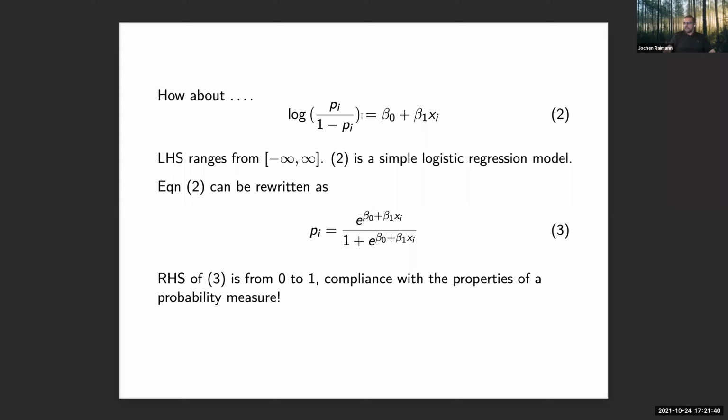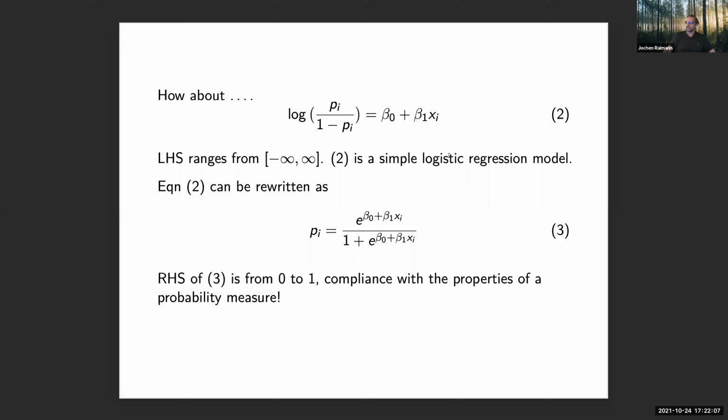On the right-hand side, you have no changes at this point. However, the left-hand side now ranges from minus infinity to plus infinity as the log odds, which I mixed up before.